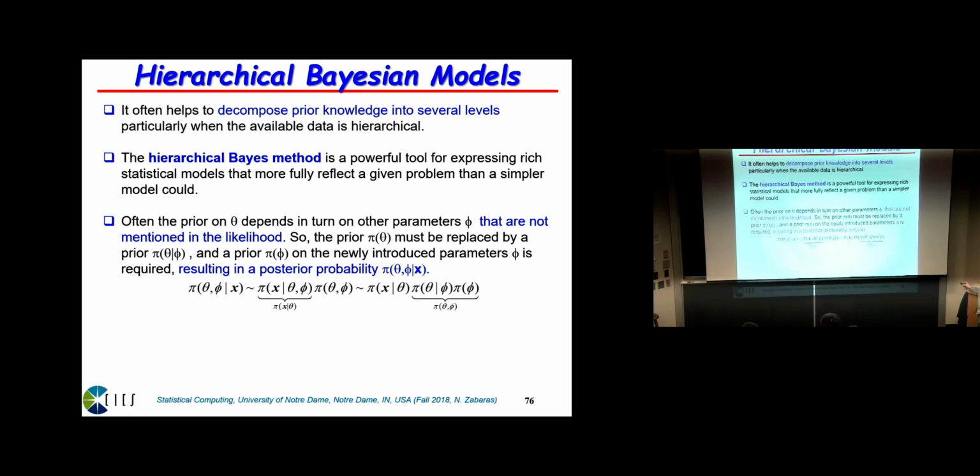The idea in these hierarchical Bayesian models is, as you keep including more parameters, the posterior becomes very complicated to compute. So what type of calculations can you do to simplify the problem?